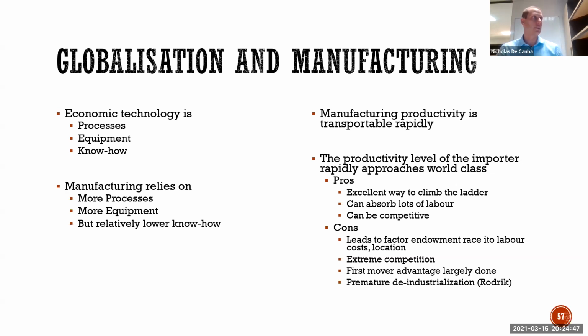And so here's the cons. You've got a factor endowment race in terms of labor, costs, and location. And what that means is, if you have some factor, you end up with an industry, and whoever makes it cheapest can attract an industry, right? So that's what's called factor endowment.